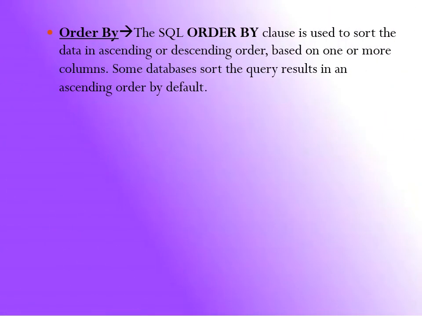Next, order by. The SQL order by clause is used to sort the data in ascending or descending order based on one or more columns. Some databases sort the query results in ascending order by default.